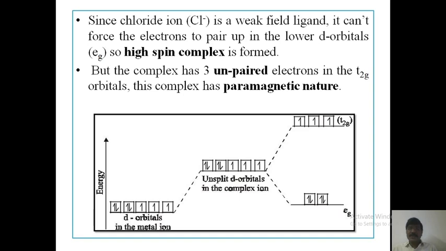In case the complex has only paired electrons, that complex has diamagnetic nature. So by this theory, it is easy to express the magnetic nature of the complex.